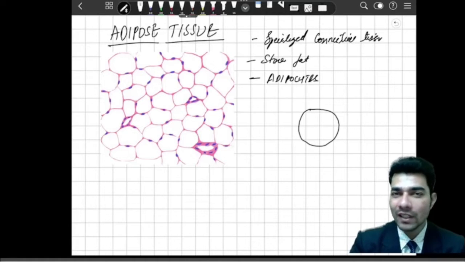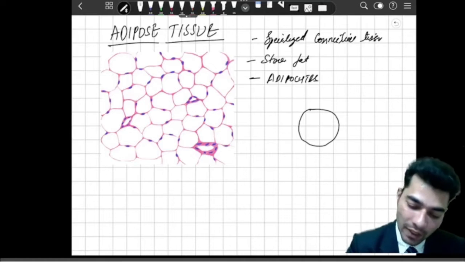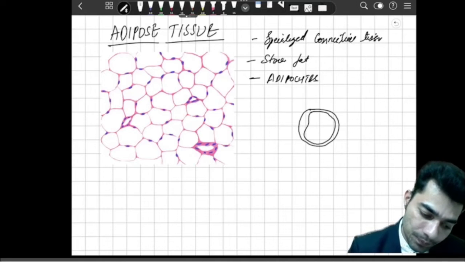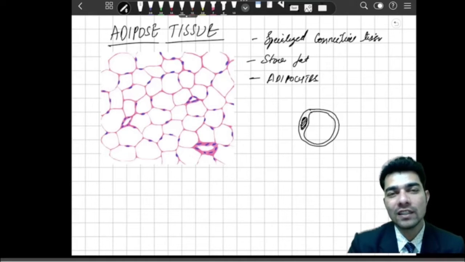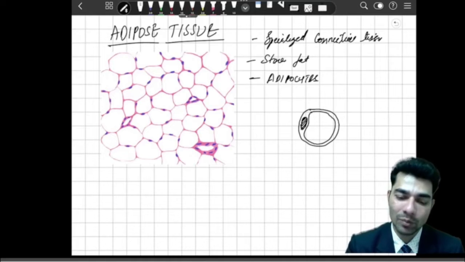Whenever these fat globules expand, they push the cytoplasm, along with the nuclei, to the periphery. Hence this gives a typical signet ring appearance of an adipocyte.